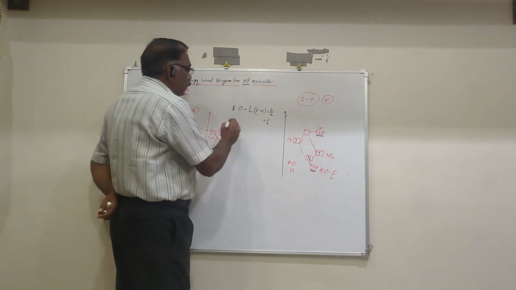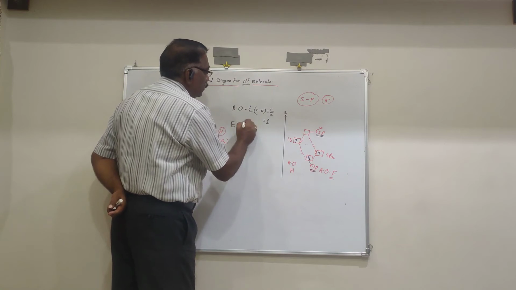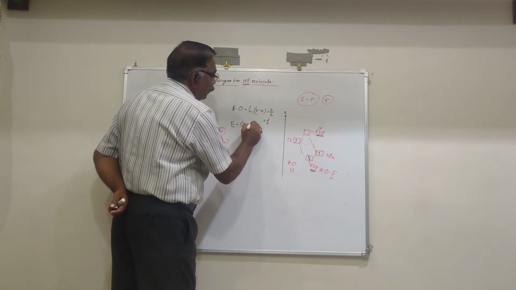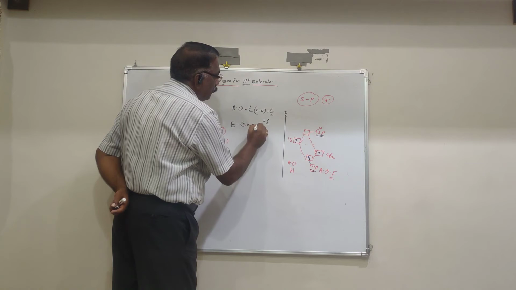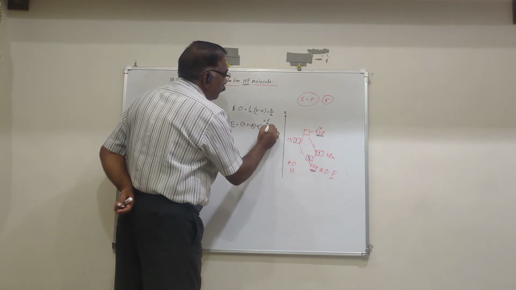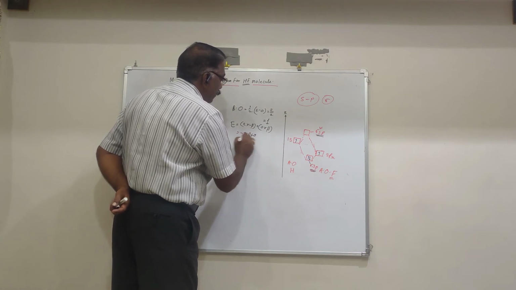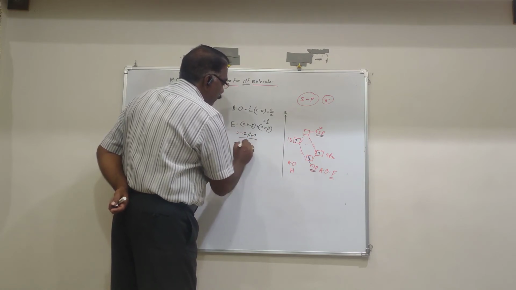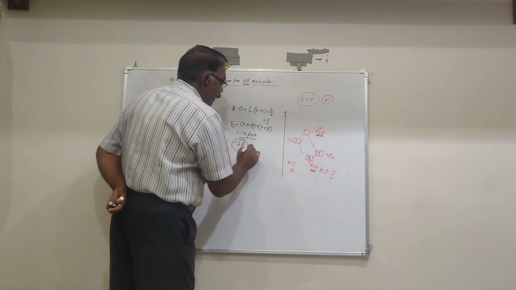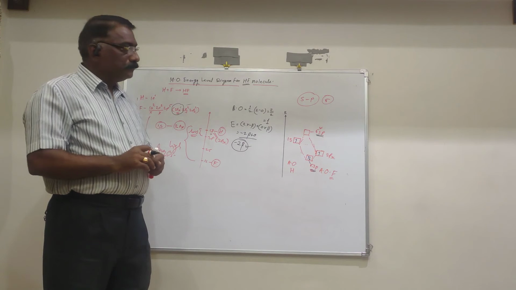Then the energy evolved: energy is equal to electrons in BMO, 2 into minus beta, plus ABMO, 0 into beta, so it is minus twice beta plus 0. That means minus twice beta amount of energy is released, and the molecule gets stabilized.